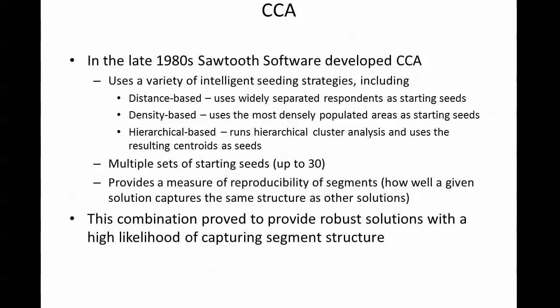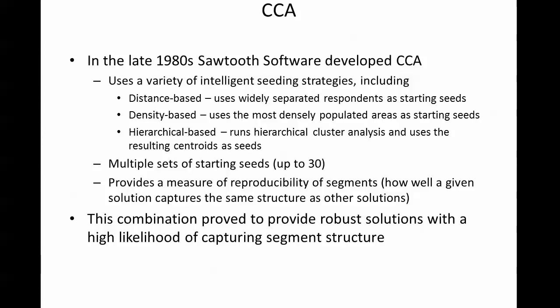What CCA does is it looks at a subset of the data, and it comes up with 3 different strategies. It has what's called distance-based seeds. It looks at a subset of respondents and picks, say, 5 of them that are really far apart in the space, and then it starts those as seeds. Or alternatively, it looks at a subset of respondents and looks for areas of particular density.